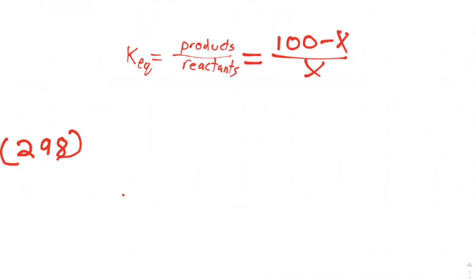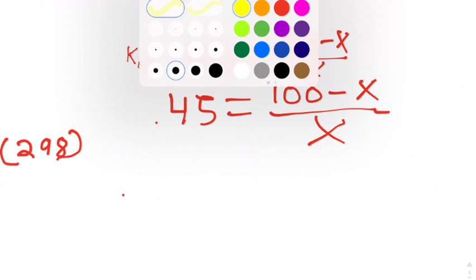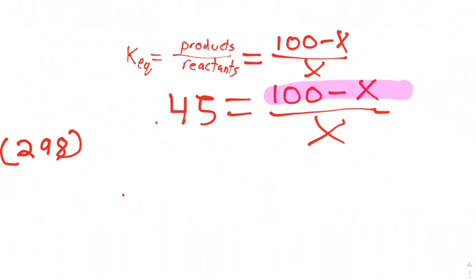We know our k-equilibrium from our math we just did is 0.45, and that is equal to 100 minus x over x. We actually want to know this value up top, because we want to know the product value, how much is set to completion. So when we solve for x, we have to put it back in and solve for 100 minus x.